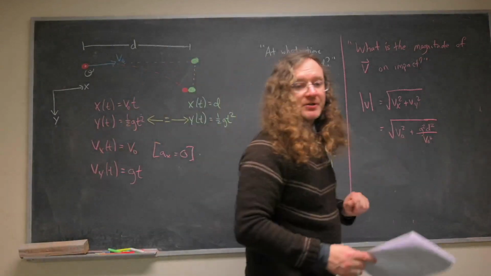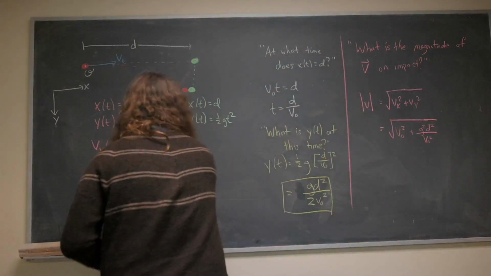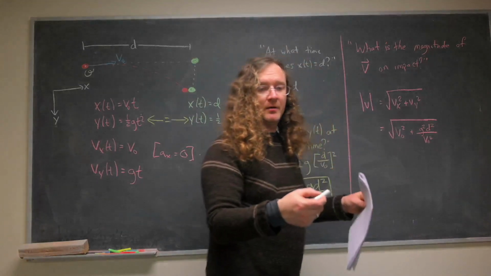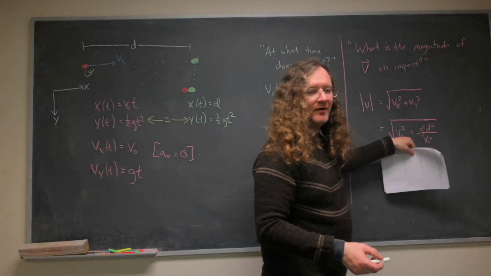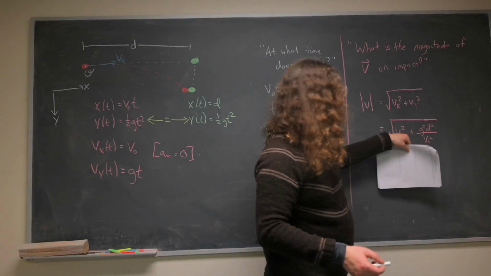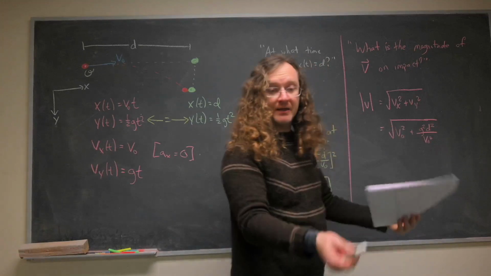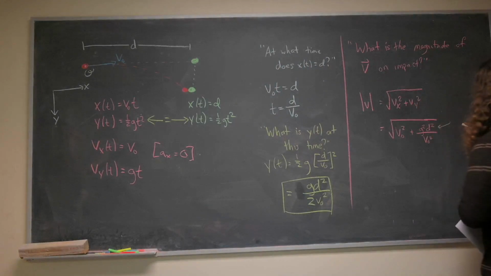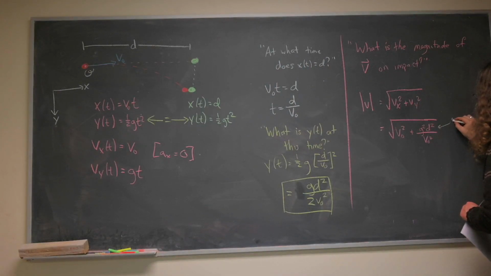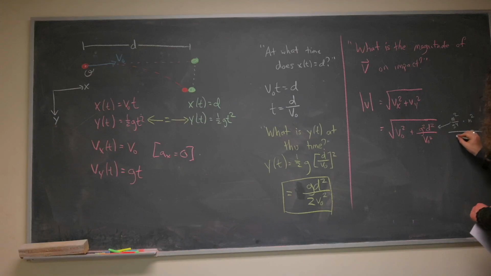It's sometimes useful, though, to check units. So I'm looking for a velocity. It ought to be meters per second. Well, the square root of meters, excuse me, this is meters per second squared. Square root gives me meters per second. This has some funny units. So this numerator is going to be meters squared per seconds to the fourth times meters squared, all divided by meters squared per second squared.